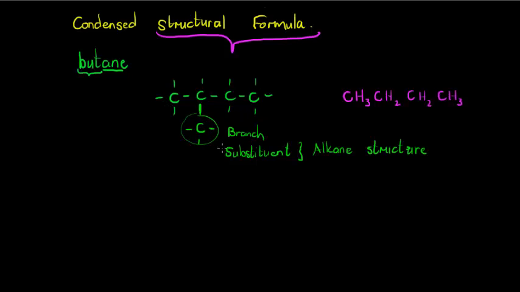But as soon as we have a branch, instead of an alkane, this is an alkyl. An alkyl group. That's another functional group called the alkyl functional groups, and alkyls are alkane structured branches. Okay, so they break off from the main chain.